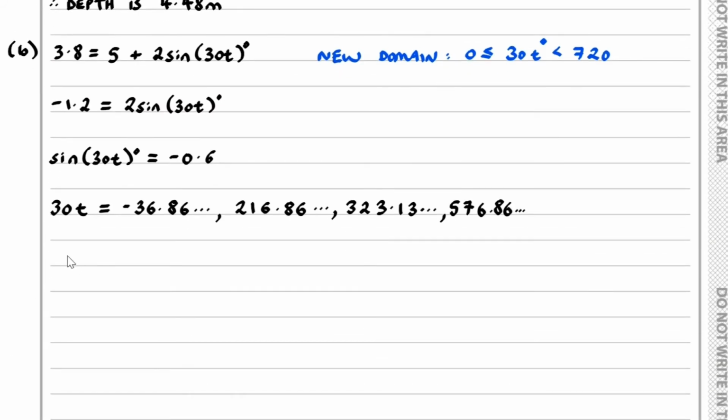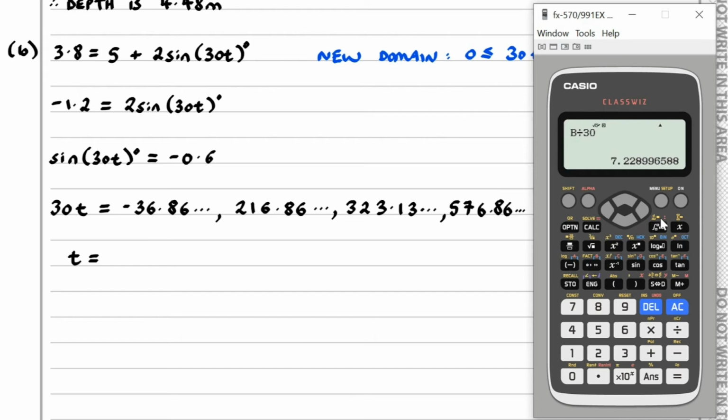So if I find out the values of t, we've got this value of A divided by 30, which is minus 1.22. The next one, B divided by 30, is 7.22. Then this value of C divided by 30 is 10.77. And then this value of D divided by 30 is 19.22.